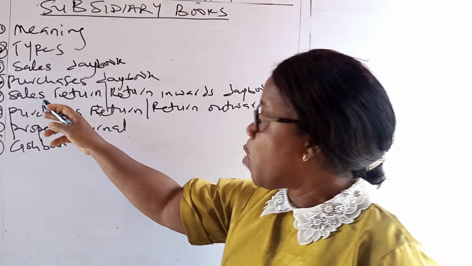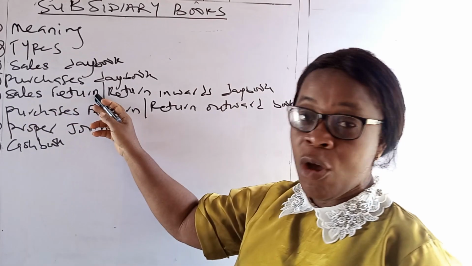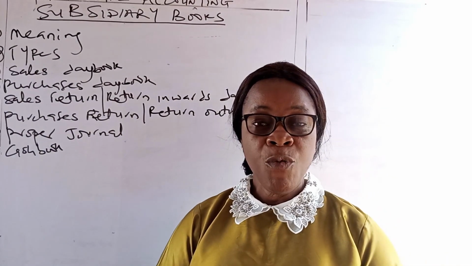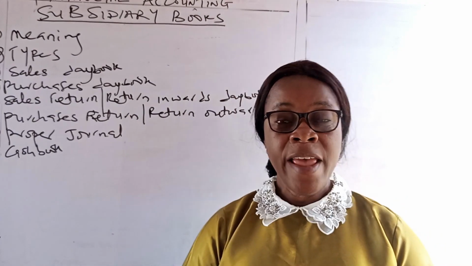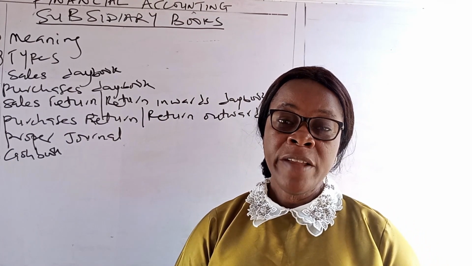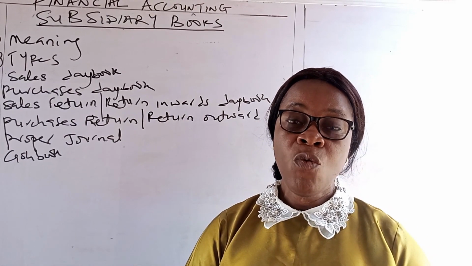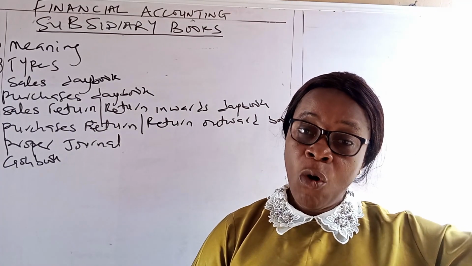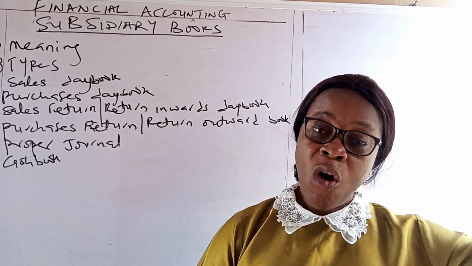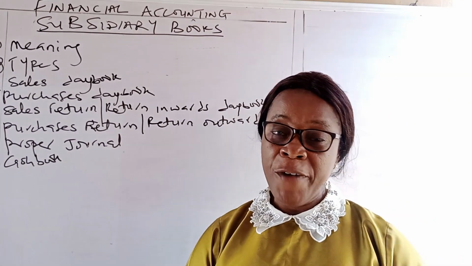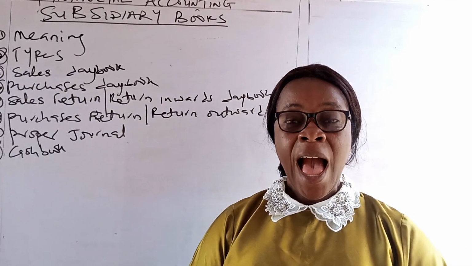Now the next one we are looking at is the sales return or return invoice day book. Return invoice day book or sales return day book is the book of original entry in which transactions involving goods that have been sold earlier to customers, and later returned by the customers due to defects or damages, are recorded.